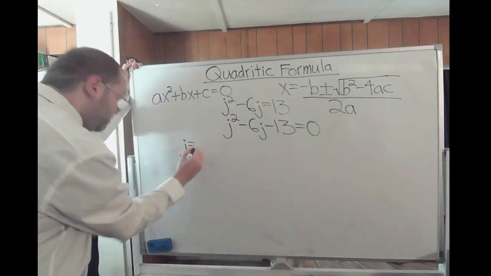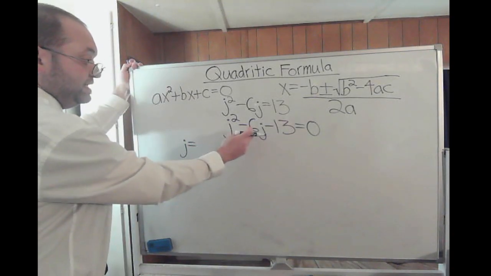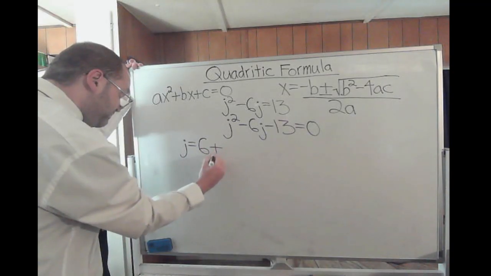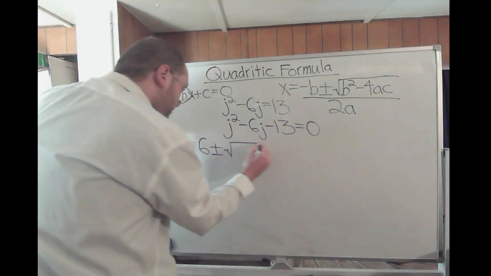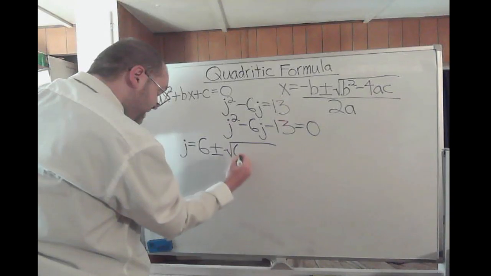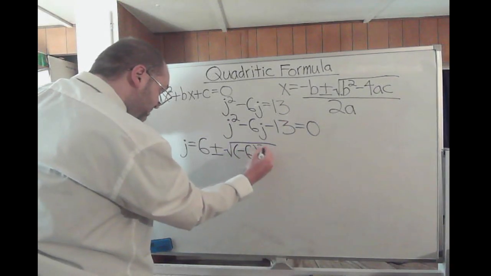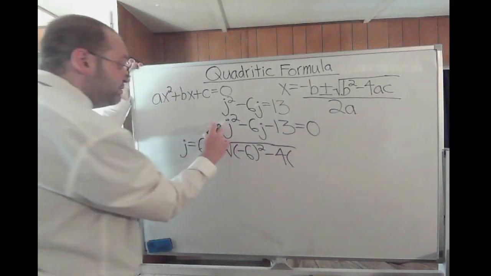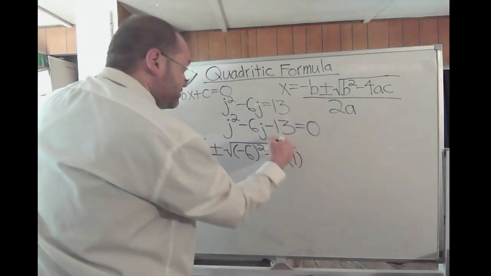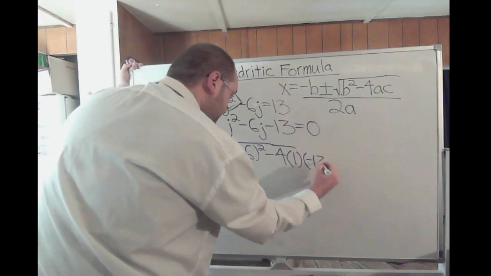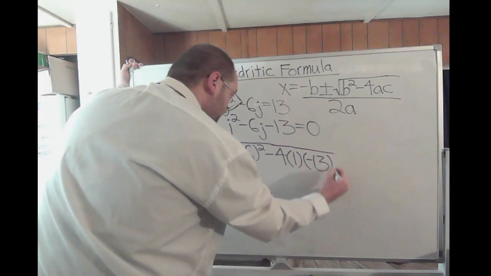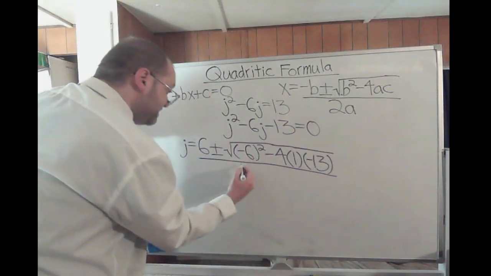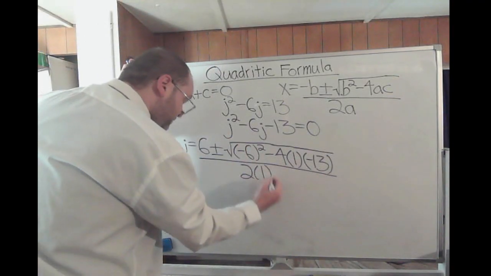So j is equal to the negative of b. Well, b is negative 6, so negative 6, that's positive 6, plus and minus the square root of b squared, so you would take negative 6, raise that to the second power, minus 4 times your a, which is 1, times your c, which is negative 13, all over 2 times a, which is 1, so that'd be over 2 times 1.